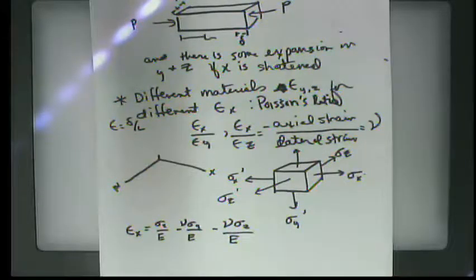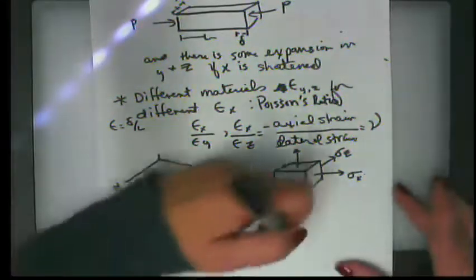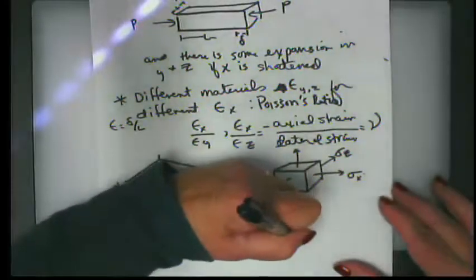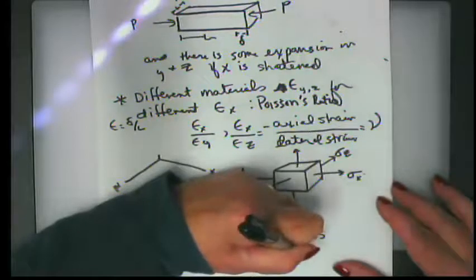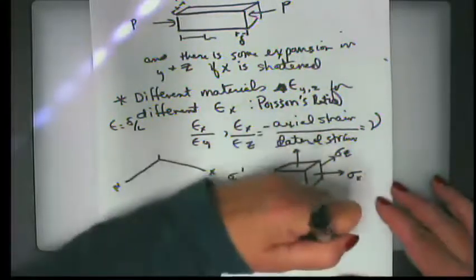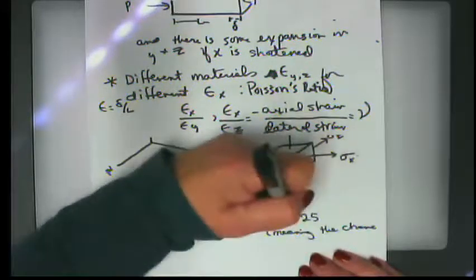Poisson's ratio tends to be quite small. And once again, these are tabulated values. Typical values of Poisson's ratio are about 0.25, and this is just approximate.